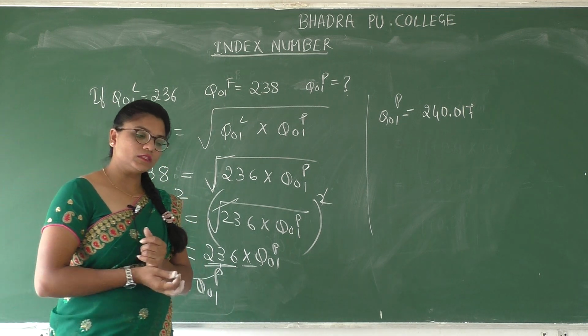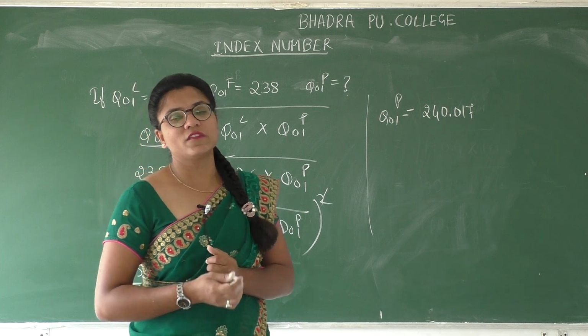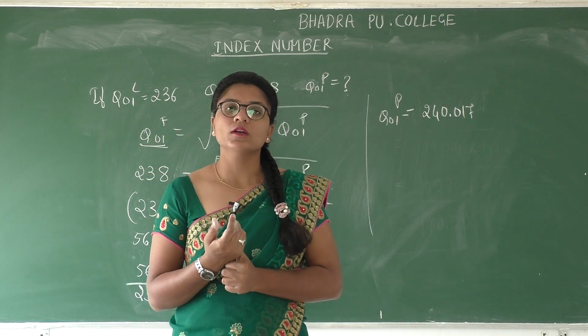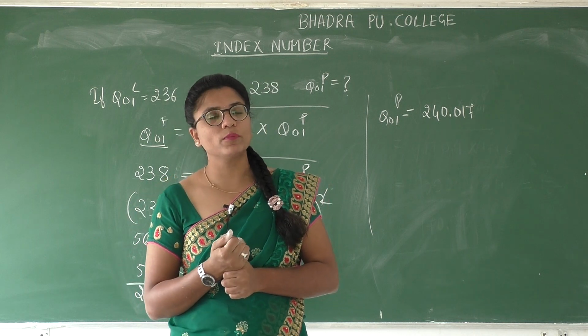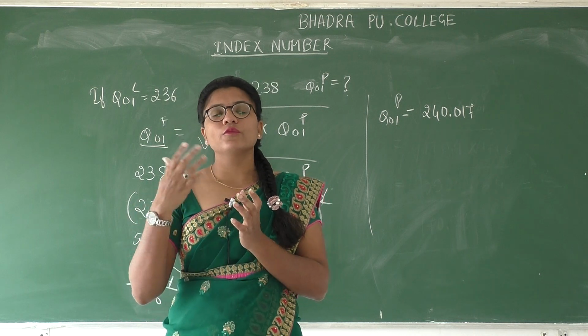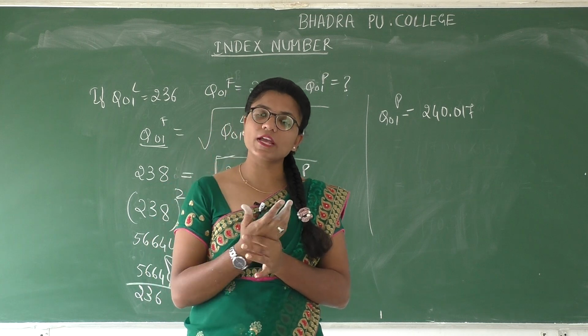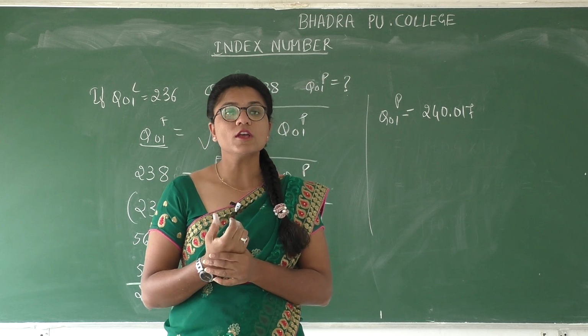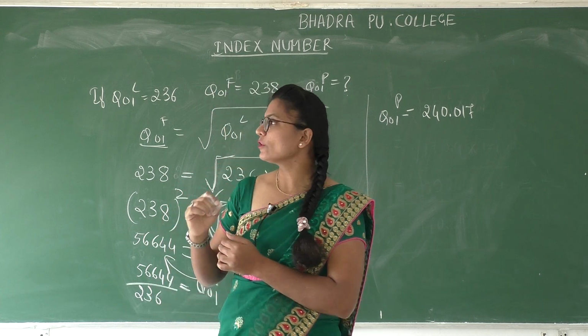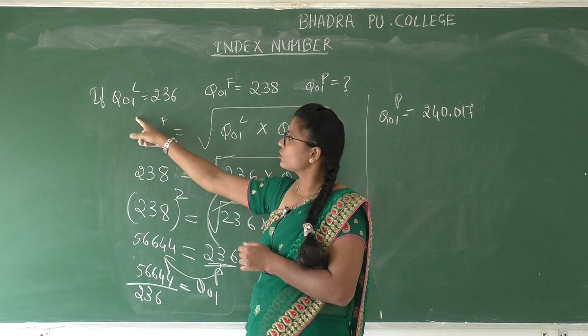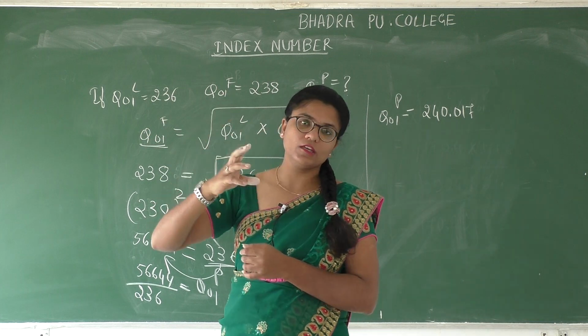In these 2 marks problems, they will give the sum of Q0P1, sum of Q1P1, and so on. By using those summations, we can find Laspeyres or Paasche's.